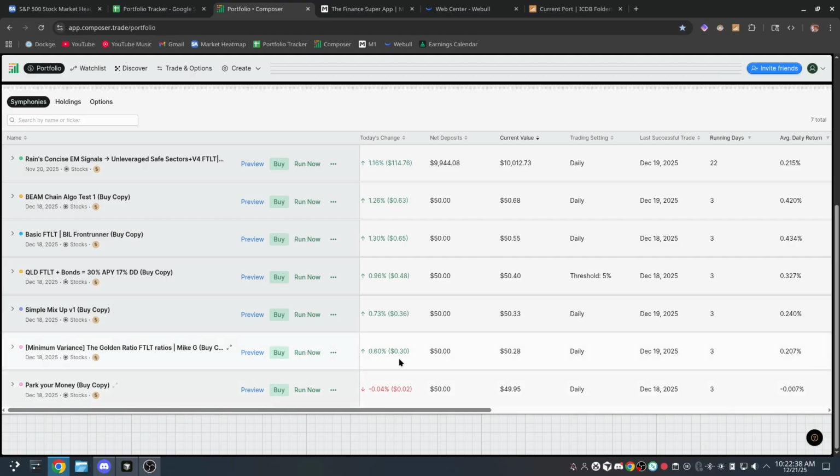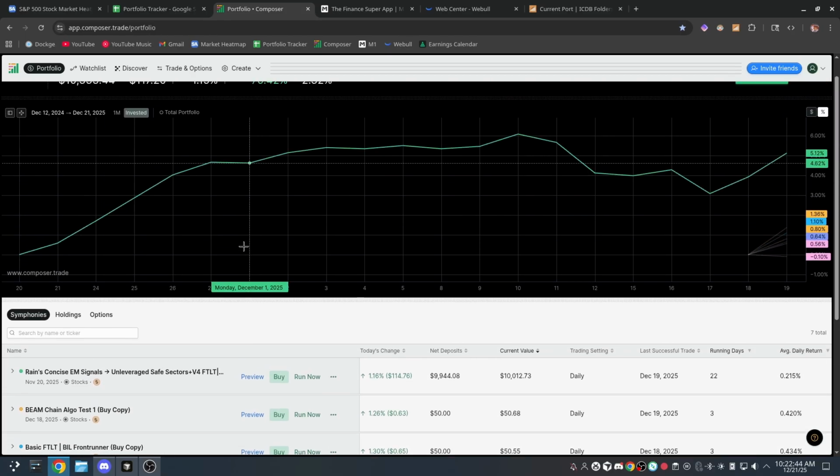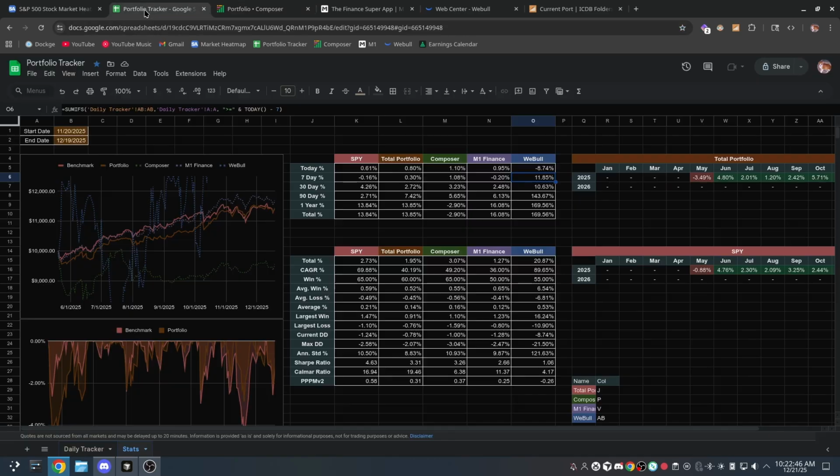Other than that, we've gained quite a bit. So all these went up a pretty good amount. You can also see on Friday, the S&P 500 went up 0.6%, where our portfolio was 0.8%, and Composer was 0.1.